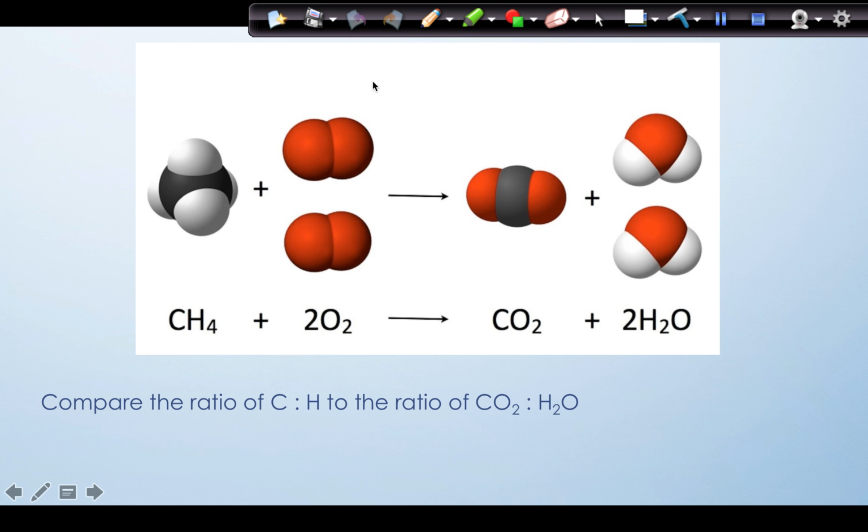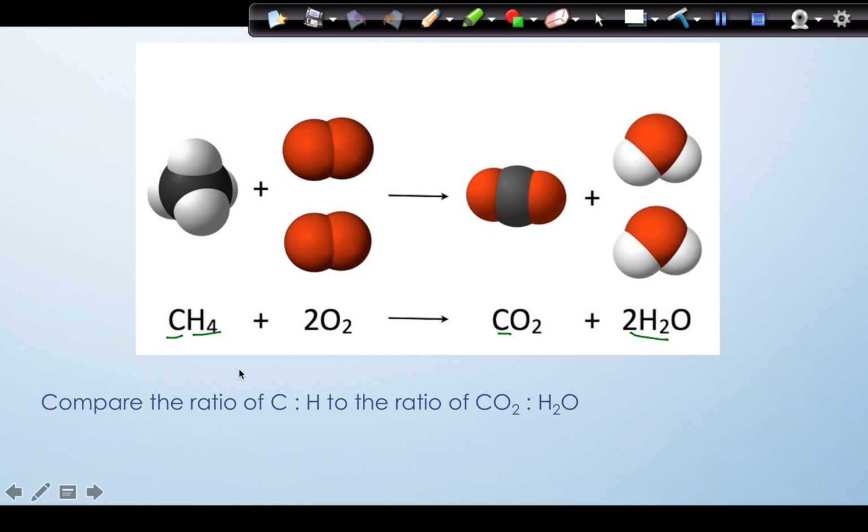So again, CH4 plus 2O2 yields CO2 plus 2H2O. The number of carbons on each side is equal. All of the carbons from the methane went into carbon that was part of carbon dioxide. All of the hydrogens from the methane went to the hydrogens in the water in the product.